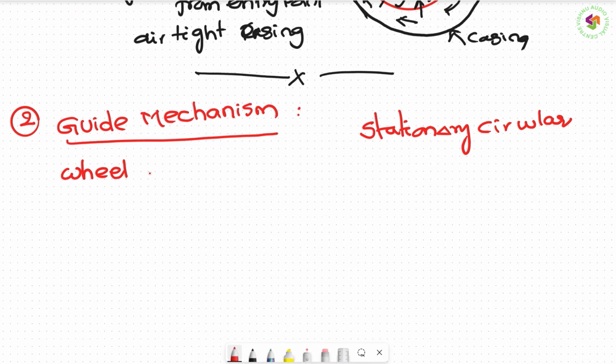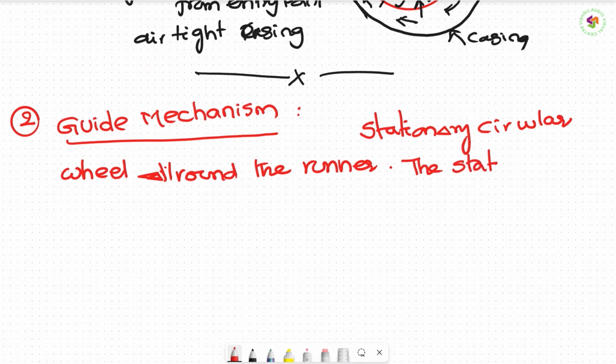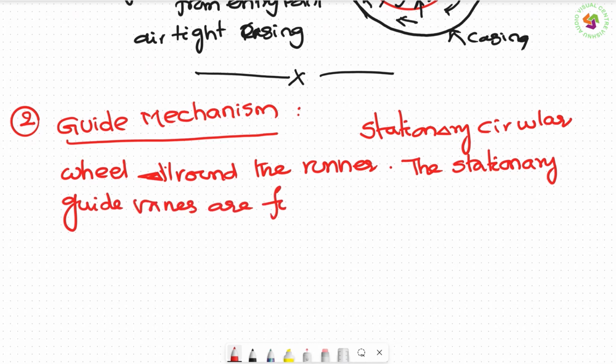Circular wheel all round the runner. It's a wheel like thing actually. And what will be there on that? The stationary guide vanes are fixed on this circular wheel.